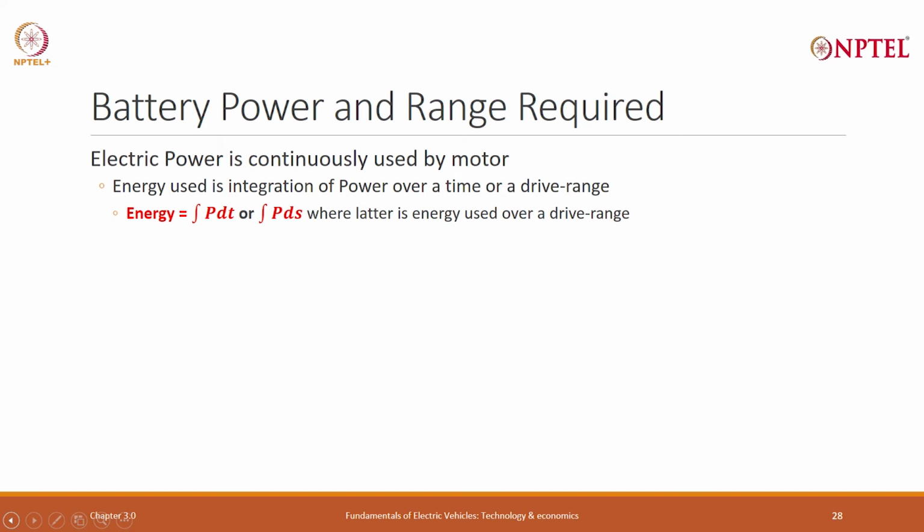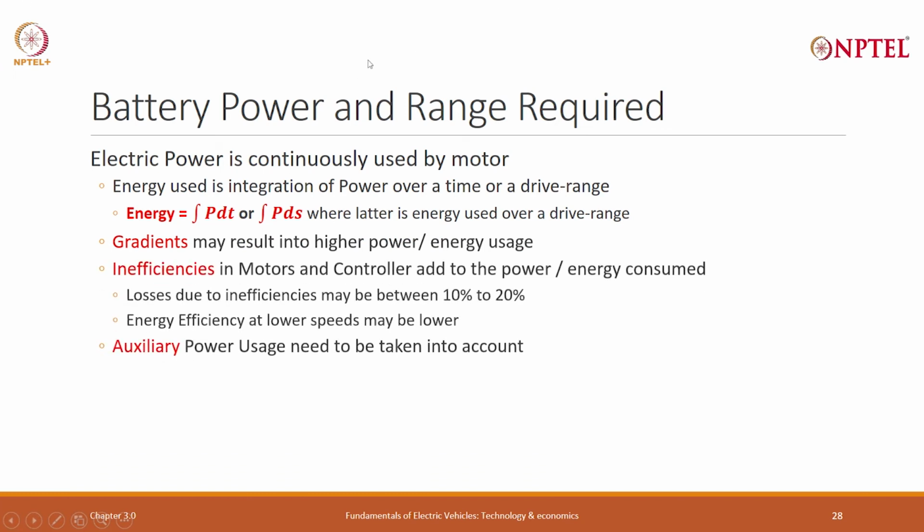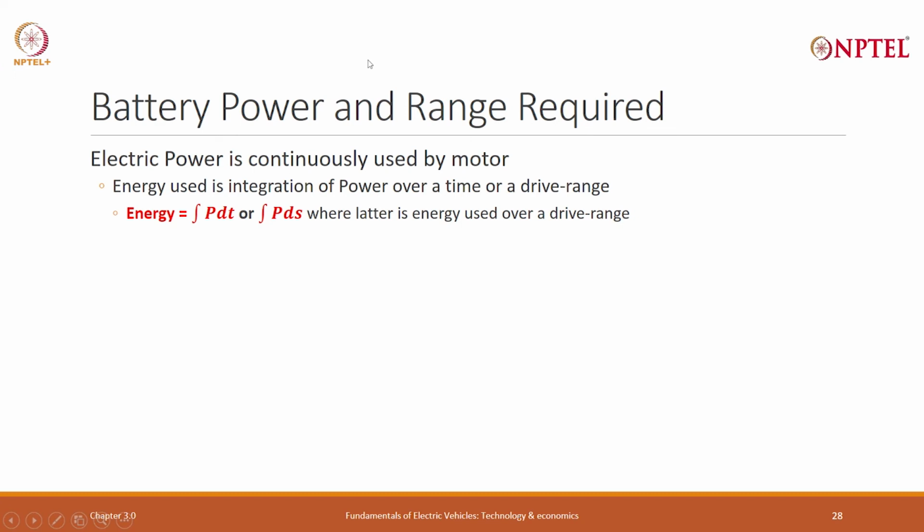So, energy is the integral of P dt or P ds. Over a certain distance, over a drive range, you can integrate, or power over time, and you will get the energy. Now, this energy is important, but this is the energy that a battery has to have.